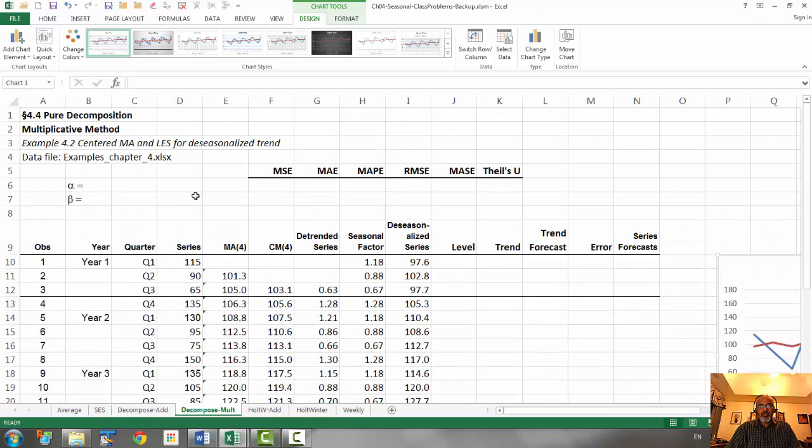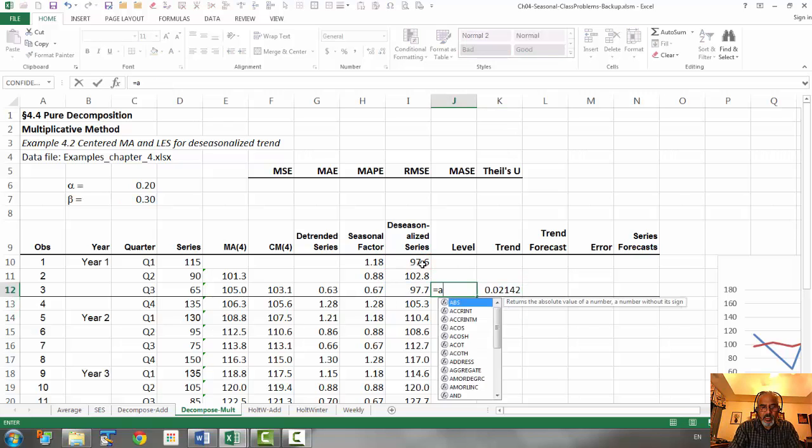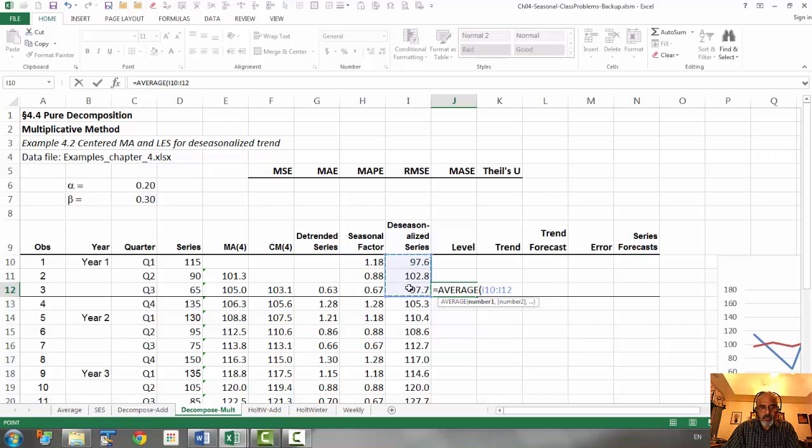Now we set up the estimation for the trend part. So let's start with some initial trial values for alpha and beta, and the LES model is, okay, we're going to use the deseasonalized series, so that minus that over 2, and then average of these plus the trend.